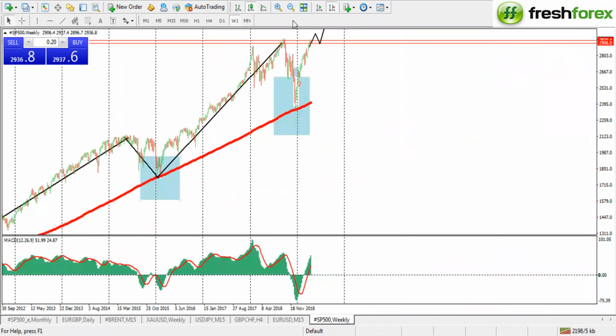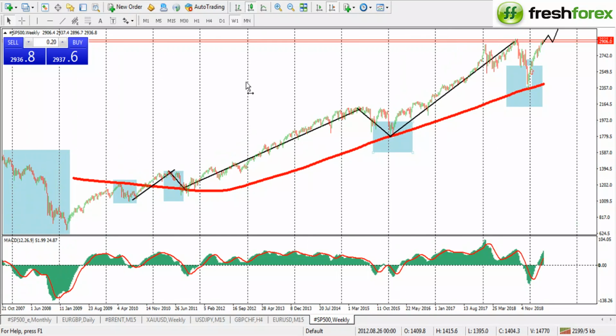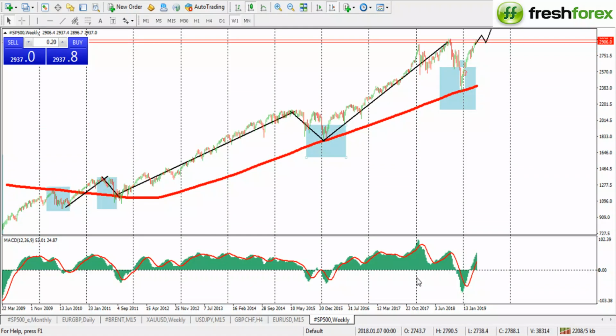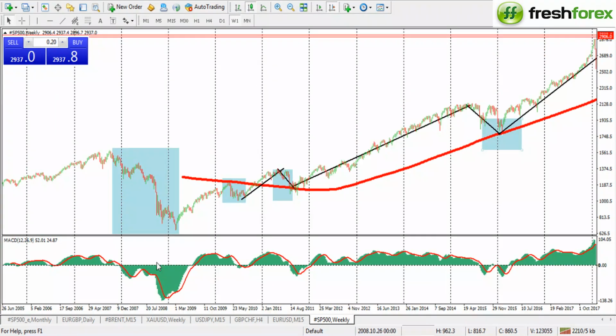As you can see on this index, look at the declines, the moments when these columns were closing below 0, as retracements. These were retracements. This was a retracement, this was a retracement, then this was also a retracement. So compare the retracements with the main move.